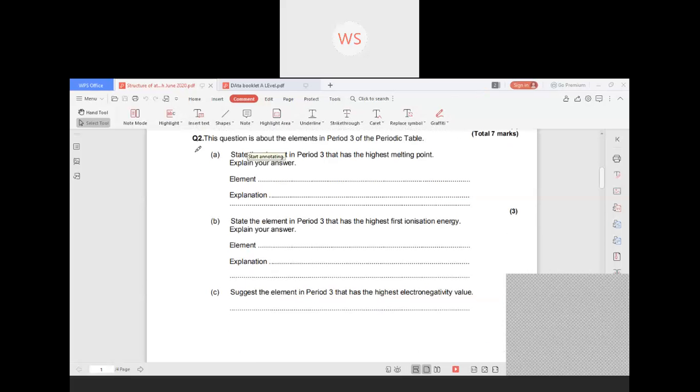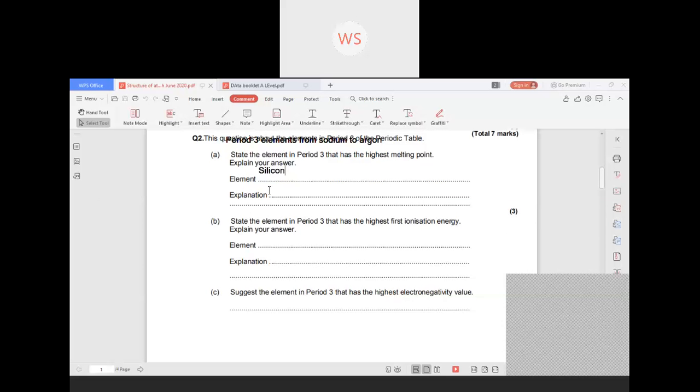The period 3 elements are from sodium to argon. The highest melting point in period 3 is silicon.